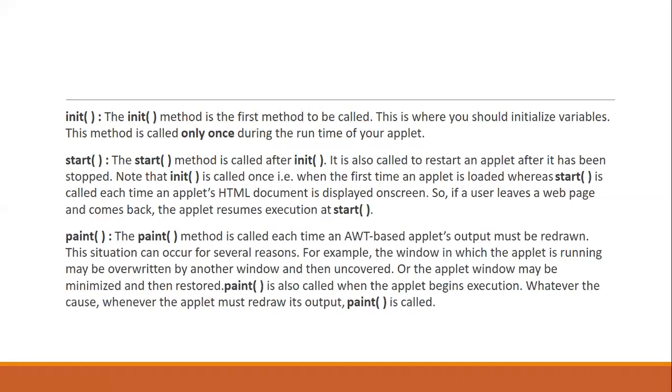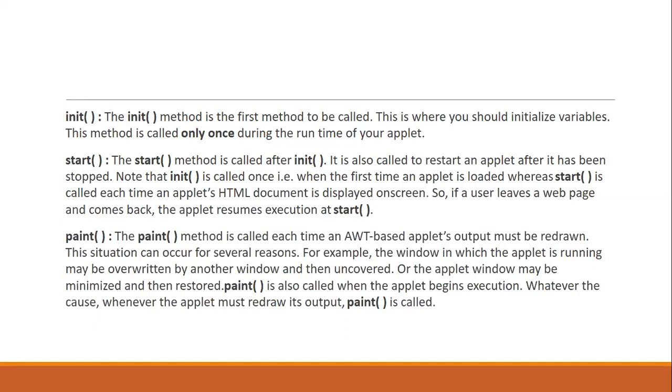Now it is possible that you minimize the applet, maximize it, or open another window which covers your applet. In such cases, the applet needs to be redrawn. Some portion of the applet is hidden, some portion is visible. Every time the applet contents need to be redrawn, and for that particular purpose, the paint method is used.